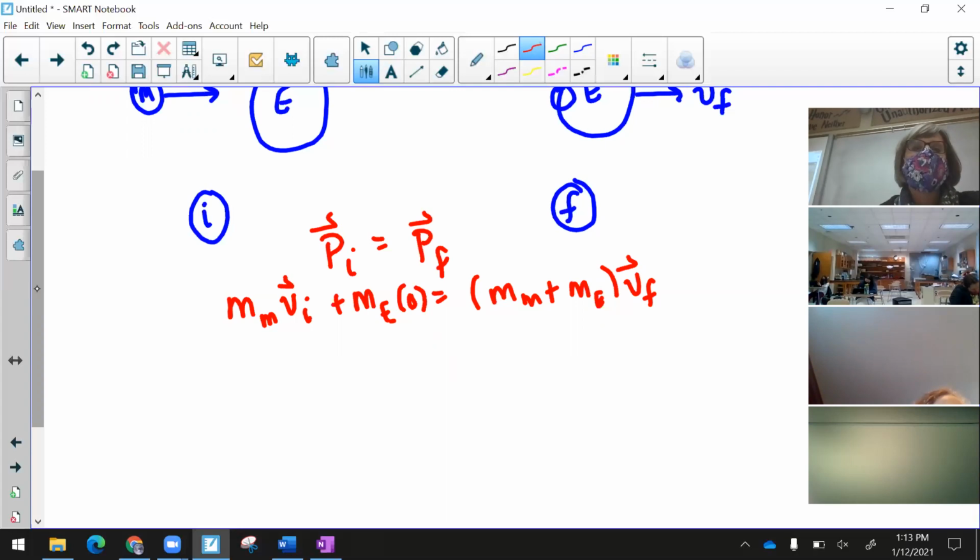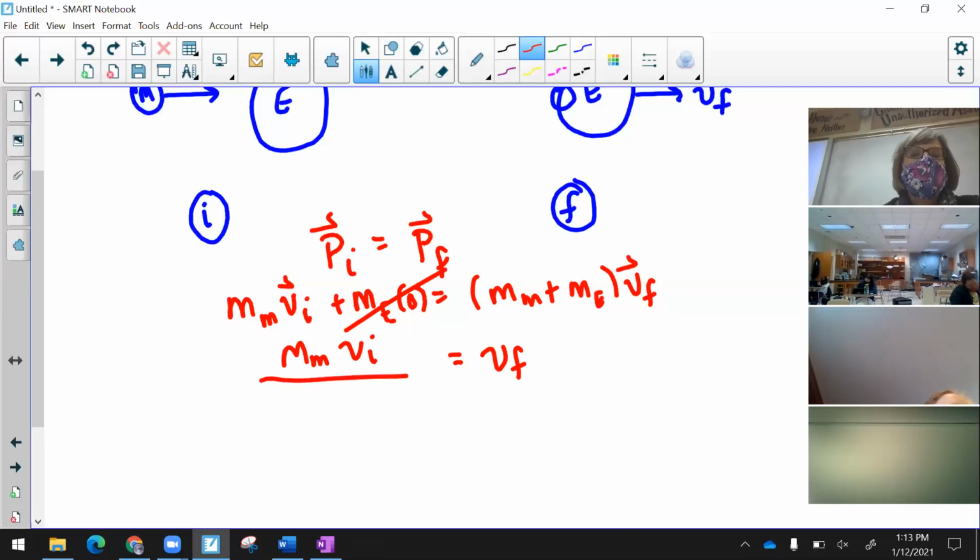Okay, so this term is just gone because it's multiplied by 0. And I want to find that final velocity, which is just going to be the mass of the meteor times its initial speed over the mass of the meteor plus the mass of the Earth. Again, everything's moving along what I'm going to call the positive x direction, so I can get rid of my vector symbols. Okay?